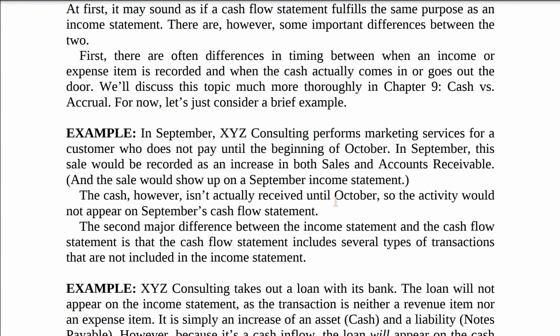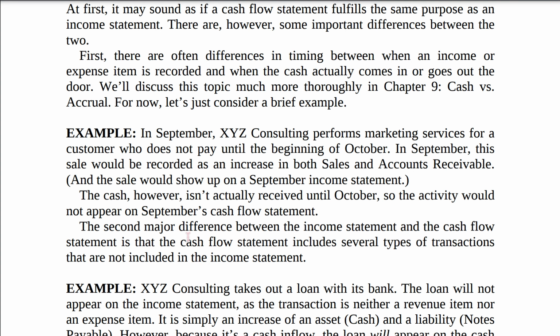But since the company has not yet received the cash, in September's statement of cash flow there will not be any record of the services provided, because it received the cash in October and not in September. So this is one difference.